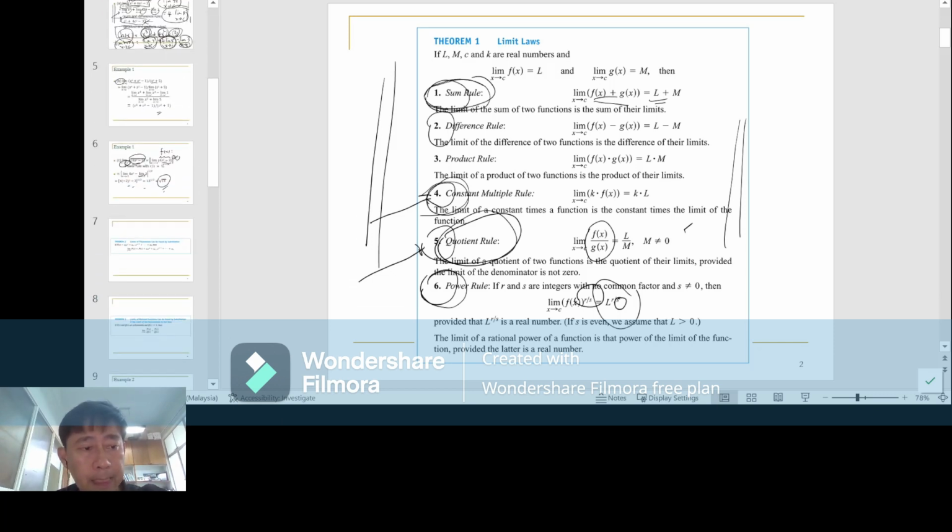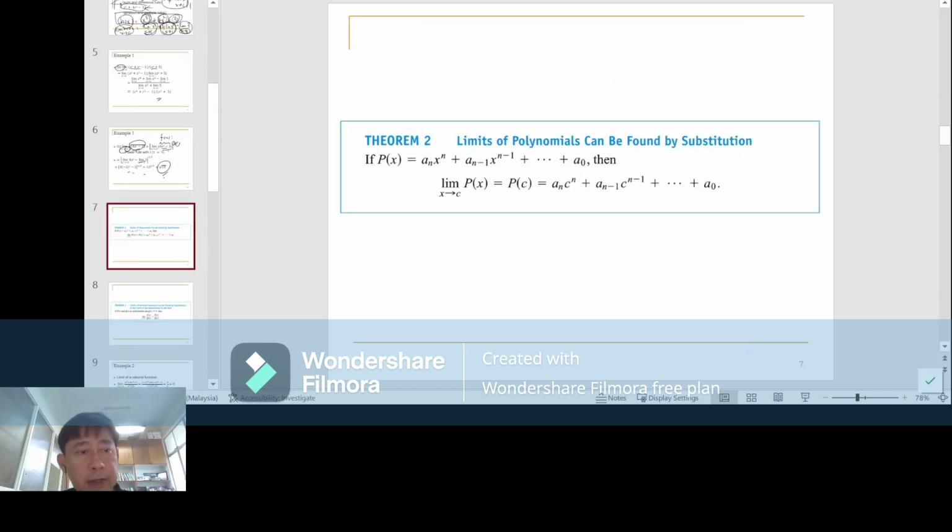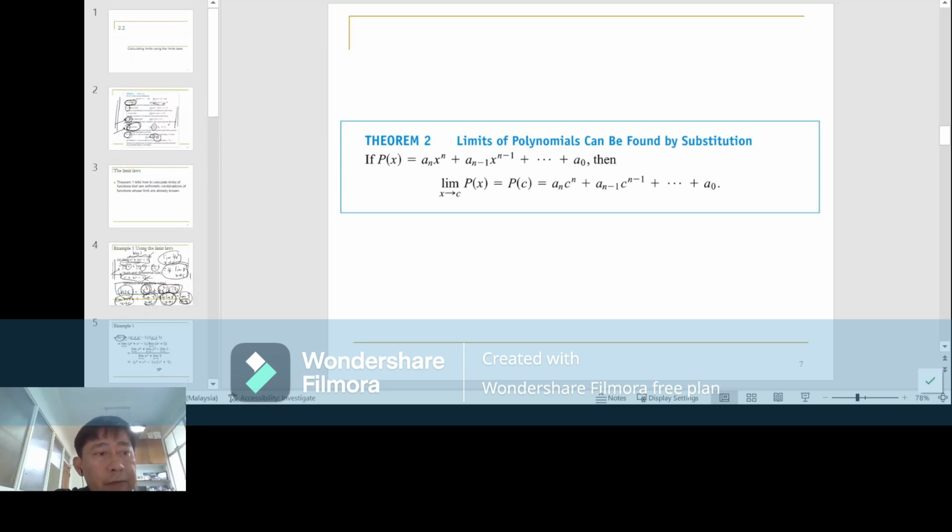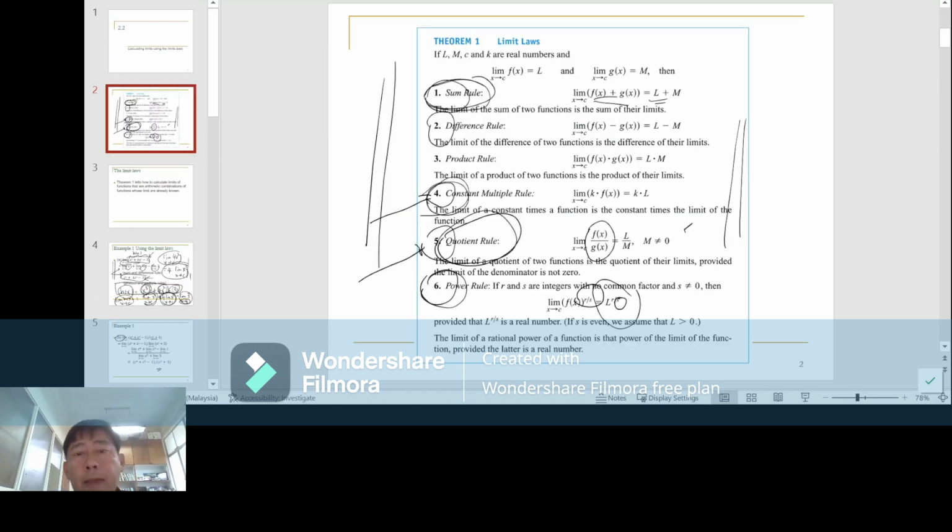So these are very simple and straightforward calculations. We have learned from theorem number 1 that it is a very useful tool. It allows you to obtain the limit of a function h if you know the limits of the functions f and g at a certain point x equals c.